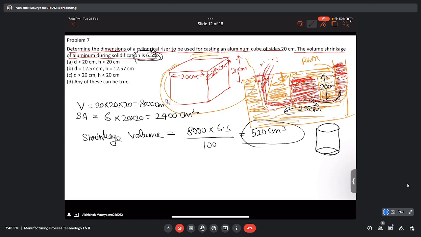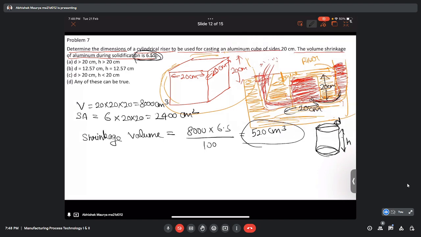Okay, now we don't know what is the height of the cylinder and what is the diameter of the riser. So let the height of the riser be h and its diameter be d.